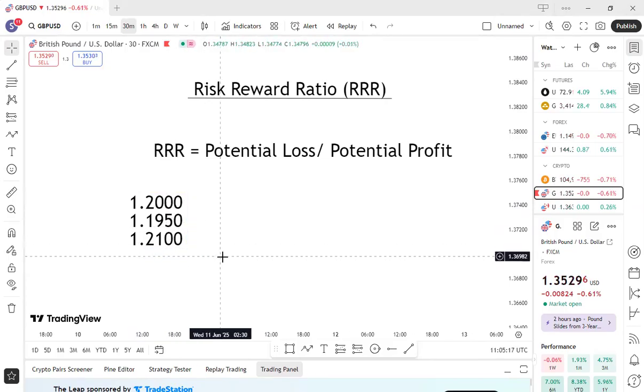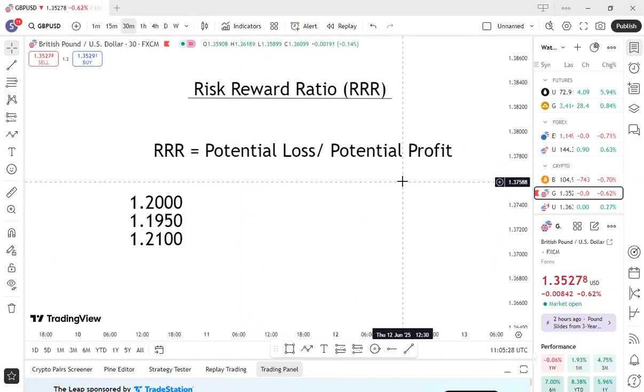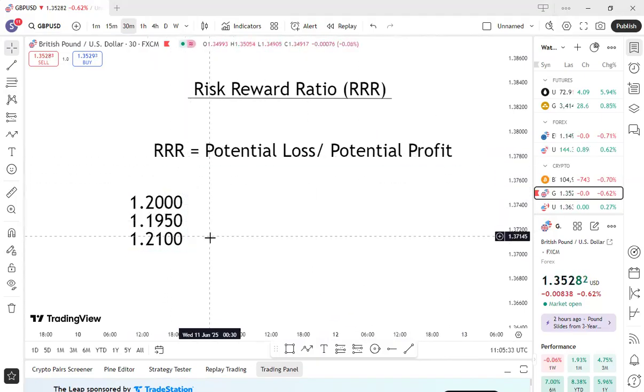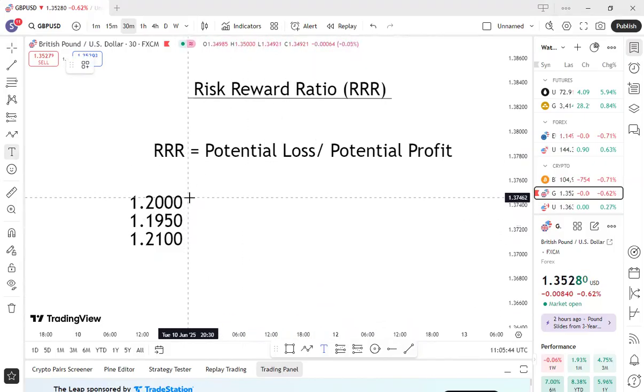Okay. So we'll be calculating our potential loss and our potential profit with the stop loss and TP target figures that we have. Calculating your potential stop loss is the first one, by using your entry minus your stop loss.